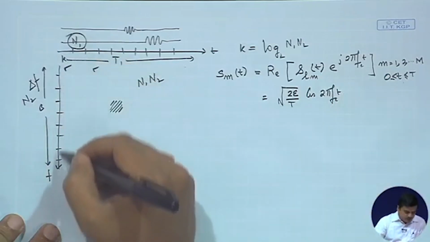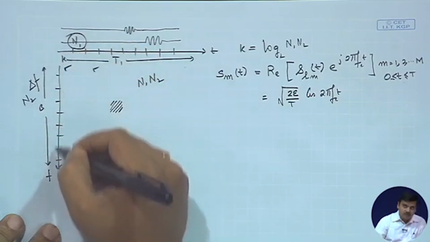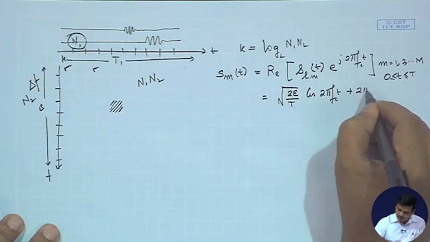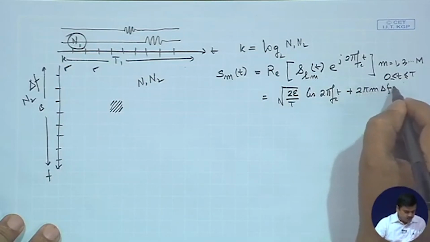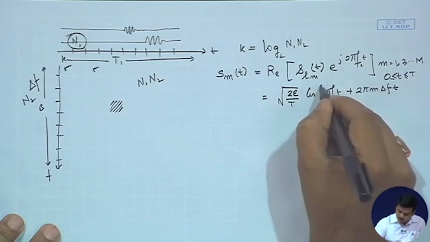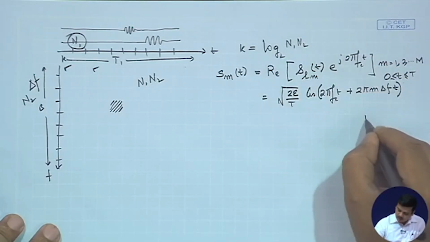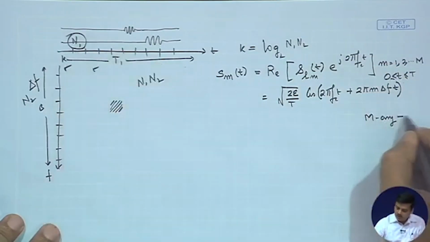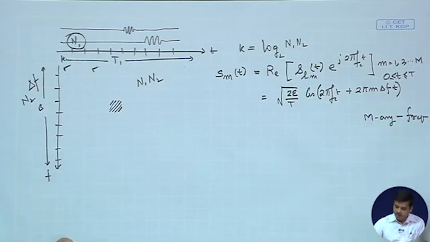And if I am using the frequency domain, that means I am using one of the different frequency options. In that case, you could write 2 pi m delta f t. So, that means I am talking about M-ary orthogonal signals in the frequency domain, and we will see what it means.